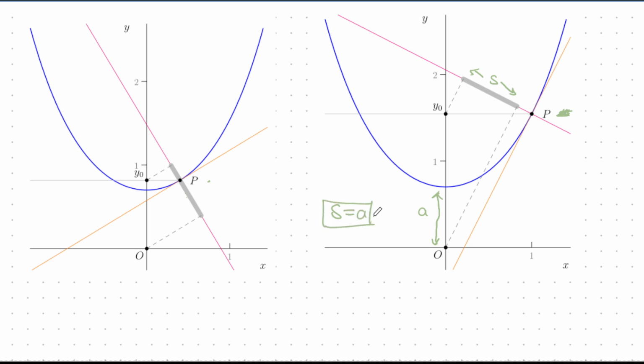So it doesn't matter where I move it. It's very beautiful. You can even try to build a machine with strings and a catenary curve, and I can move this point around anywhere, and the projection onto the normal line through P is always going to have the same length.